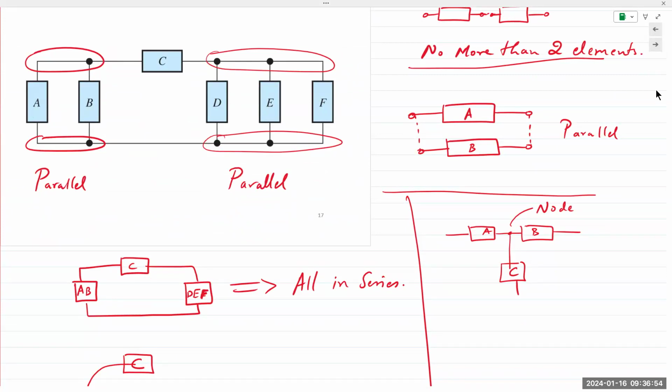Now, whether it's series or whether it's parallel, you can have infinite components all connected to each other. Remember the holiday lights, Christmas lights, right? Nowadays, they are wired a little bit differently.